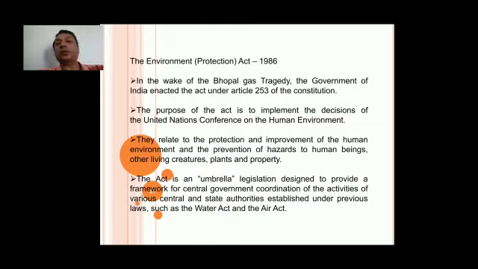So this lecture was about environment activities, environment puraskars, environment acts, and environment andolans. I hope you have got the introductory knowledge about the environment.